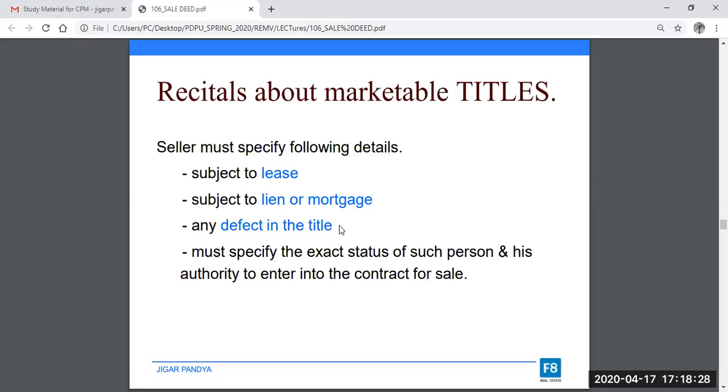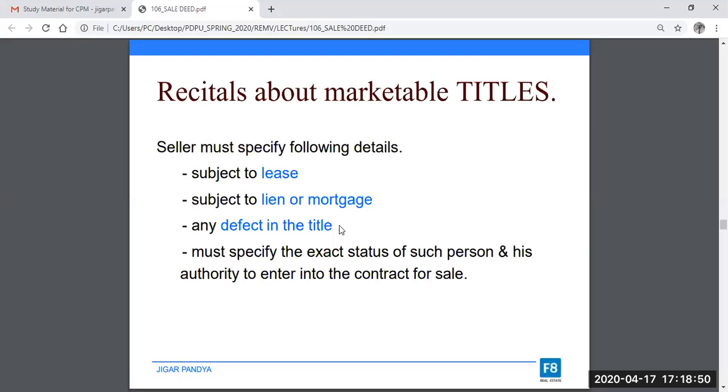And a defect would be some charge, if the property was sold to someone before and the transaction didn't go through, some amount is pending. Those are the kinds of defects that we have. Any legal litigation that is happening over the title or succession of the property.